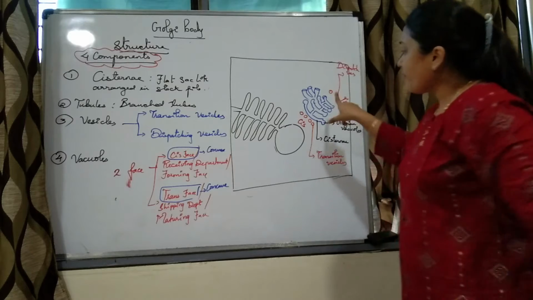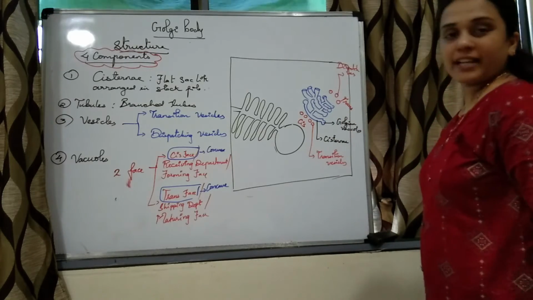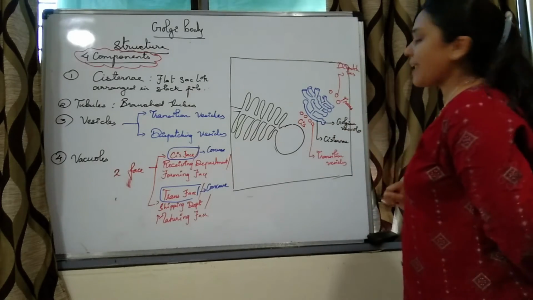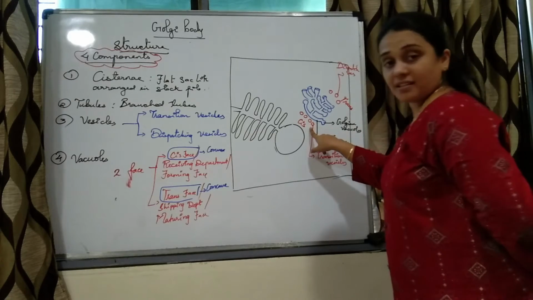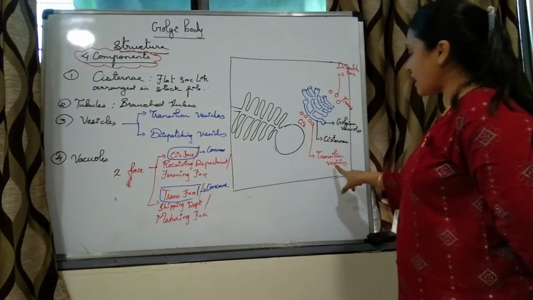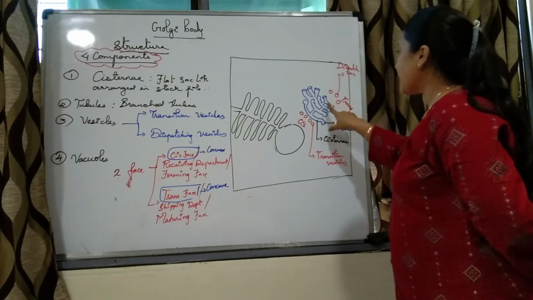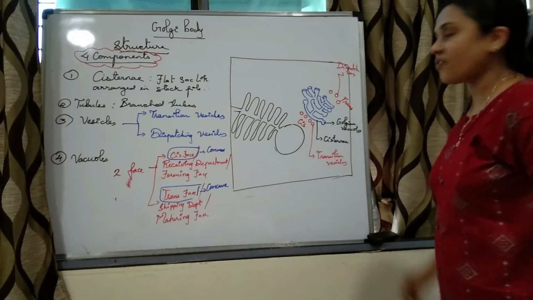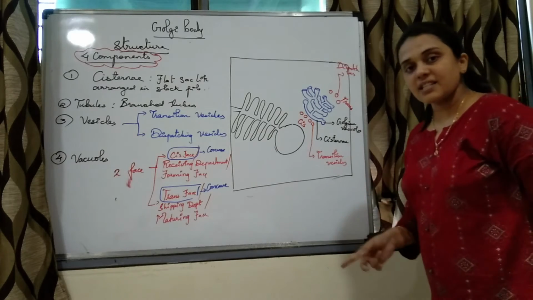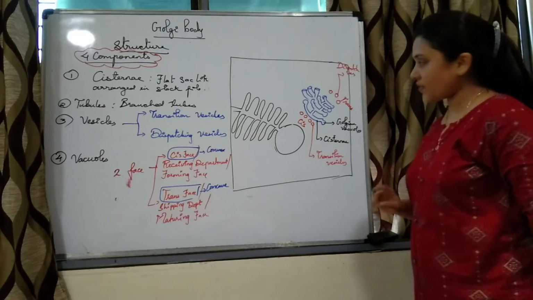So now all the structures of Golgi body are there, right? Cisternae which are flat sac-like structures, vesicles. The vesicles which are present towards the cis phase are transition vesicles and the vesicles towards the trans phase are dispatching vesicles. What is cis phase and what is trans phase? Right?